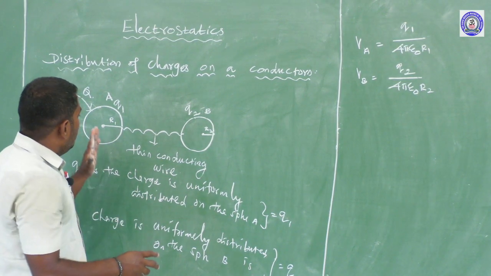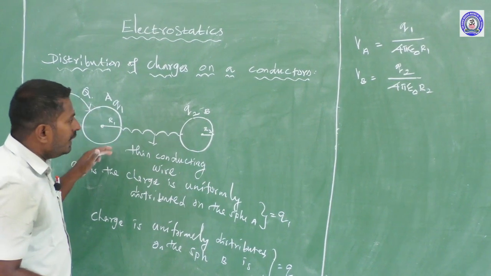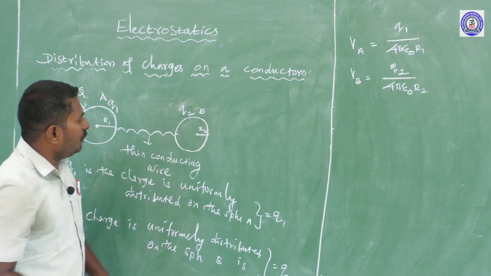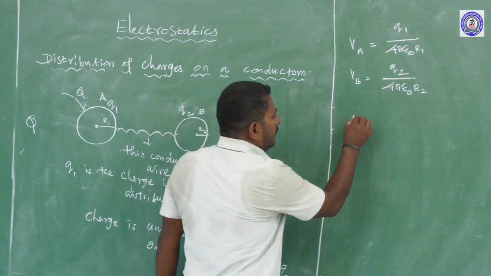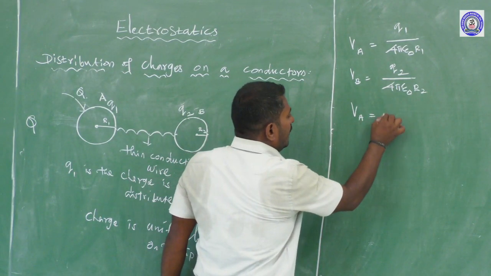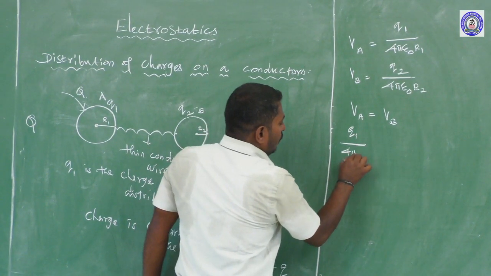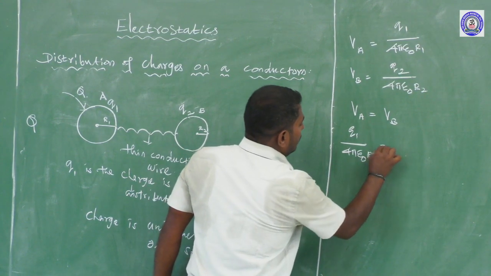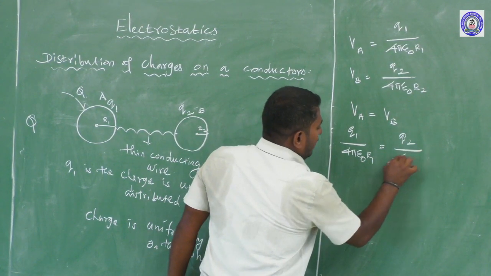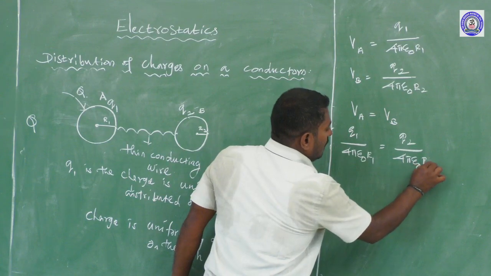So the potential at the surface of sphere A and the potential at the surface of sphere B are equal. Therefore VA is equal to VB. So Q1 divided by 4 pi epsilon naught R1 is equal to Q2 divided by 4 pi epsilon naught R2.